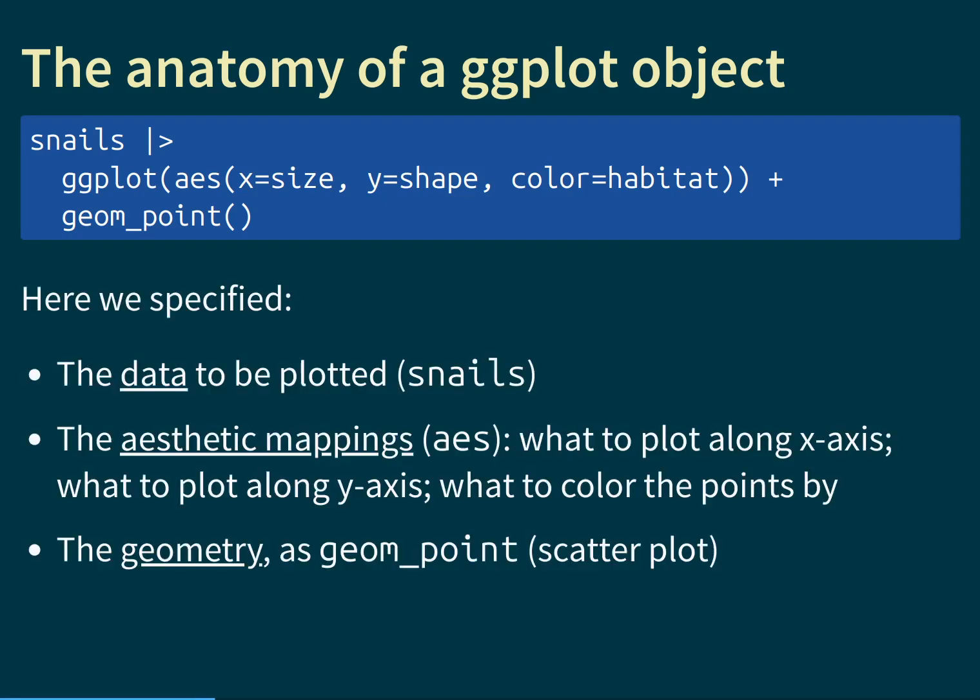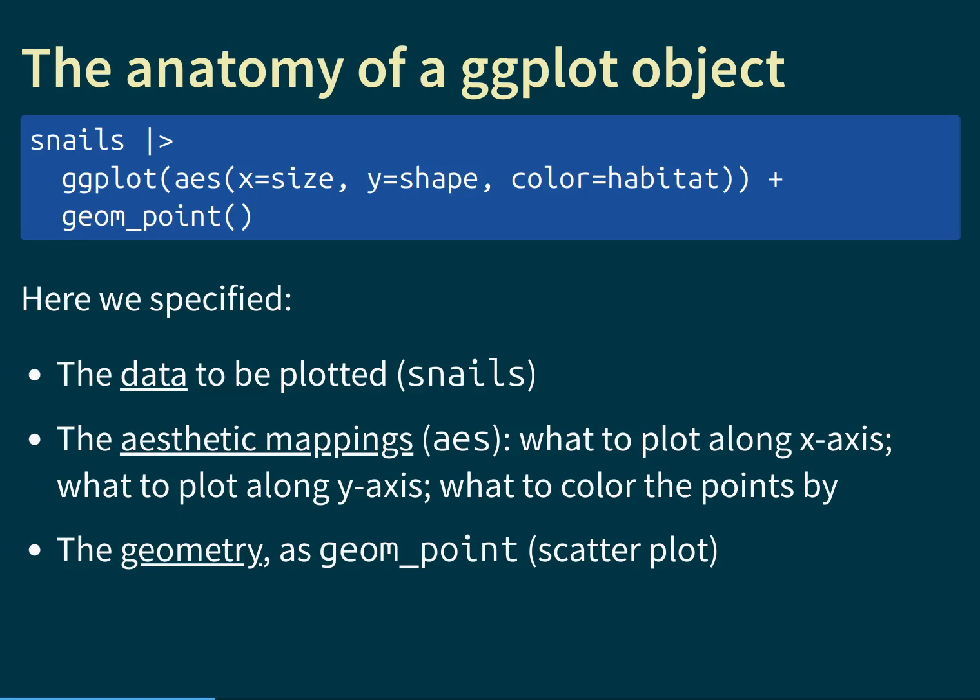Alright, so just to review what we have been doing so far. The anatomy of a ggplot is as follows. We have to specify three things. The data to be plotted, which is the snail's tibble in our case. The aesthetic mappings, which define things like what do we want to plot along the x-axis, what do we want to plot along the y-axis, what do we want the colors to be defined by, etc. And all of these aesthetic properties are governed by various columns of the data that we feed in, in this case the snail's dataset.